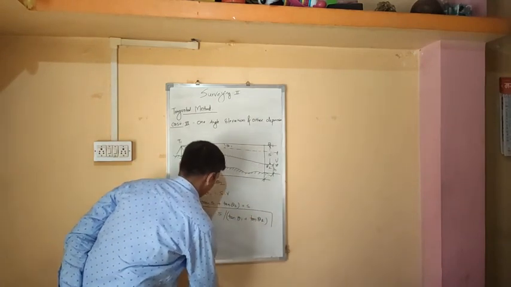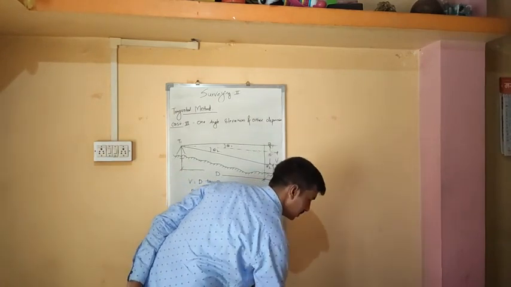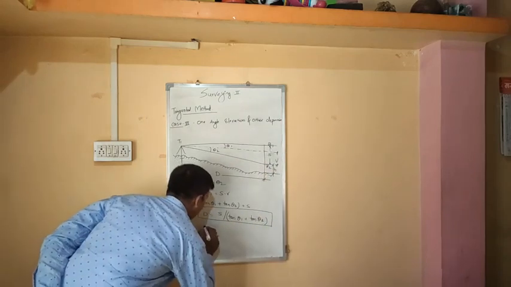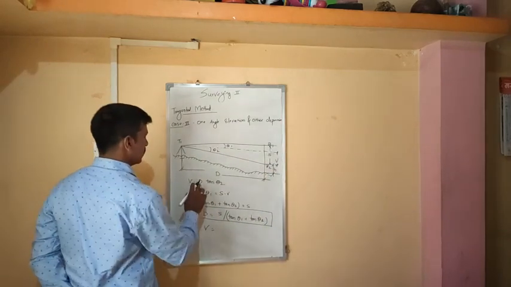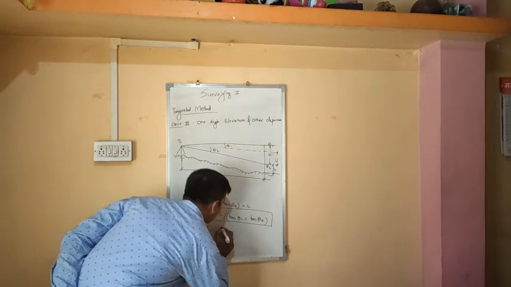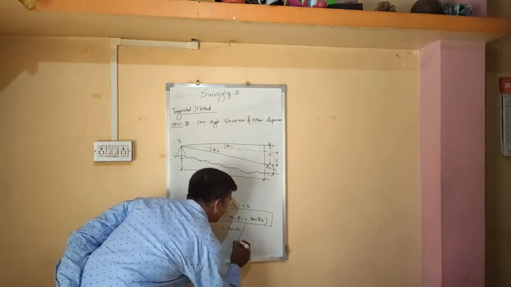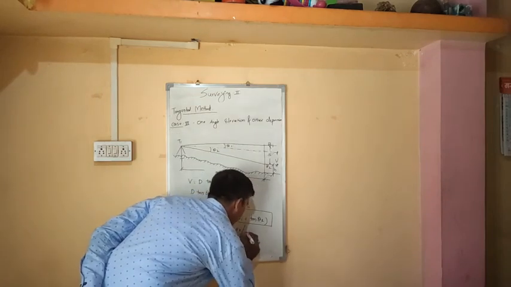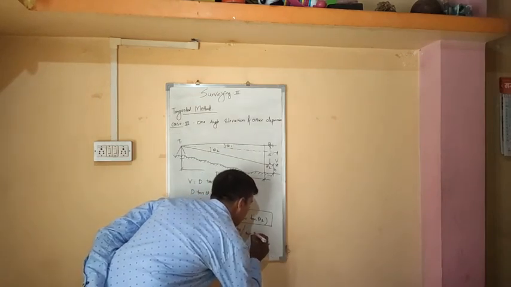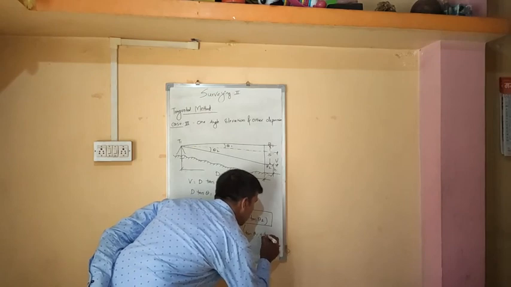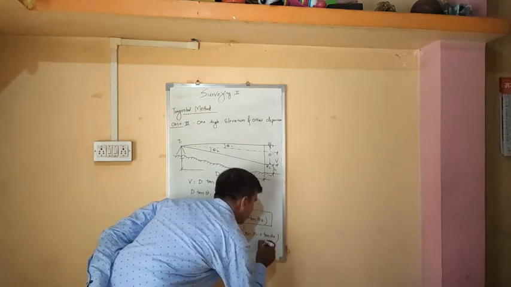This is the required answer to find D. So if you calculate V, D tan theta 2, it is S tan theta 2 divided by tan theta 1 plus tan theta 2.